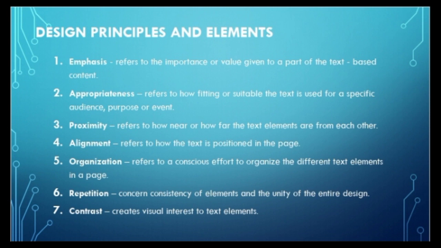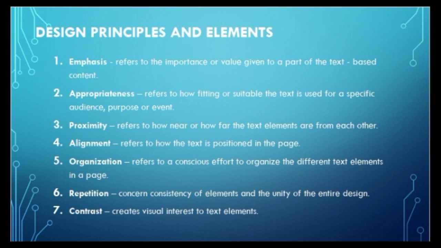Second is the appropriateness. It refers to how fitting or suitable the text is used for a specific audience, purpose, or event. In the creation of text-based content, make sure that the selection criteria, tone, style, purpose, or clarity is followed.